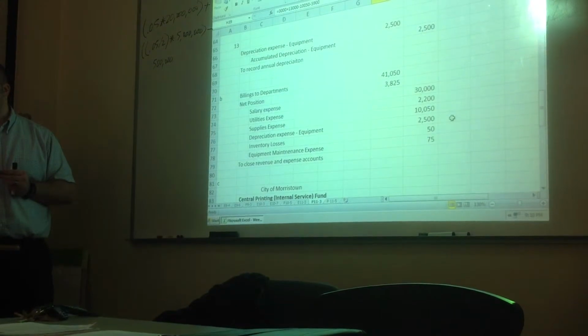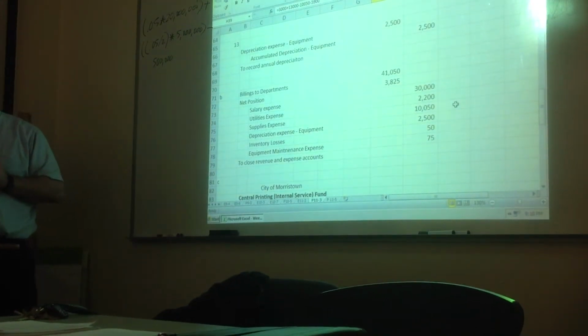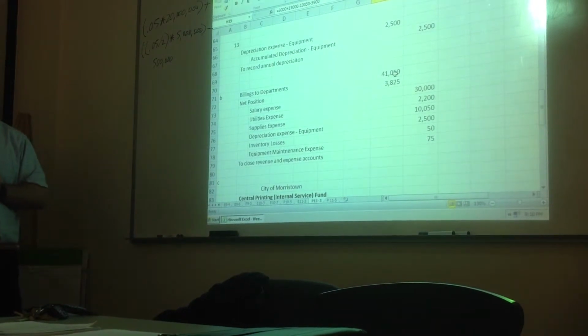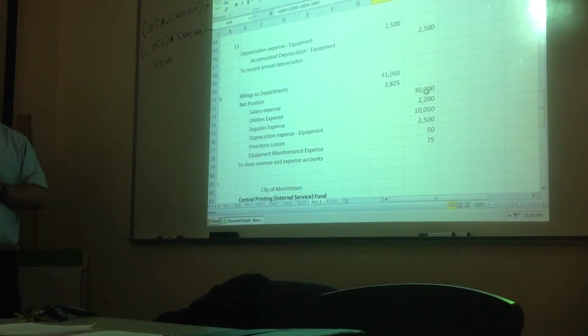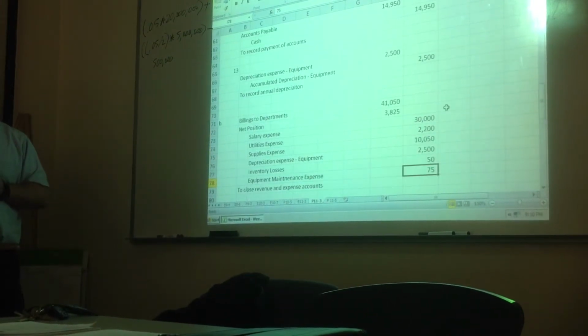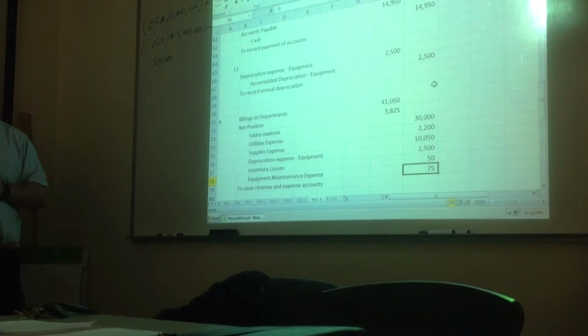Part B just says to make the closing entries. So you have to do the calculations. What was salary expense? What were all these pieces? Most of it is just pulling pieces down. It's in the book.